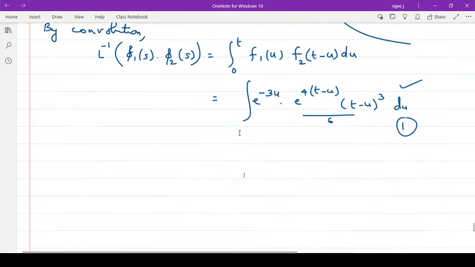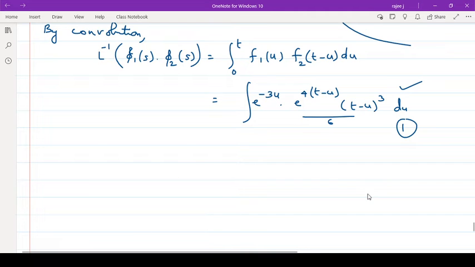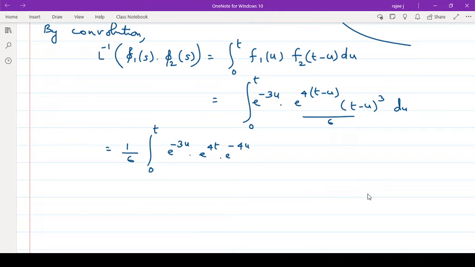Now if I integrate this, let's see how to do it. That is equal to 1 upon 6 integral 0 to t, e raised to minus 3u into e raised to 4t minus 4u, using a raised to m plus n is a raised to m into a raised to n, and t minus u the whole cube du.